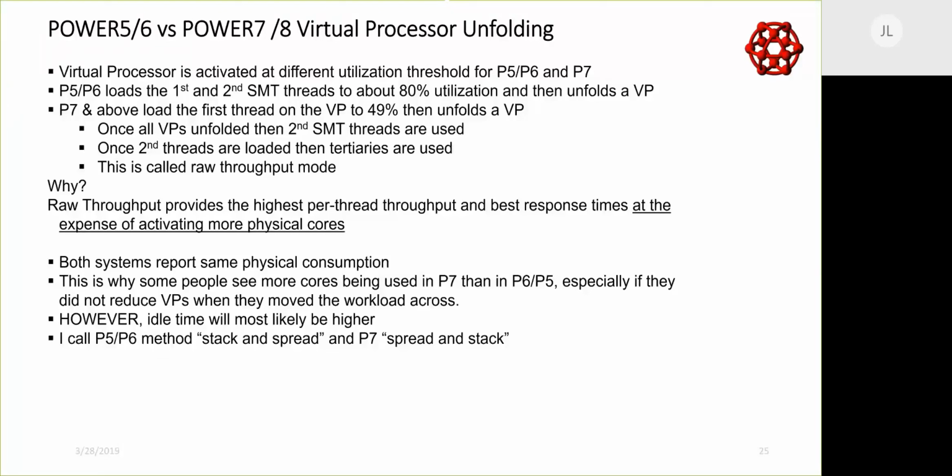So we're putting a primary thread on every core first. It's still the same physical consumption that's being used, but that's one of the reasons why it's important to reduce your virtual processors when you migrate across to a Power 7 or a Power 8, because what we're doing is spreading and stacking instead of what we used to do, which was stack and spread. This will get you the best combination of response time and throughput per thread, but you have to keep in mind that every virtual processor will be used, whereas before they would not.